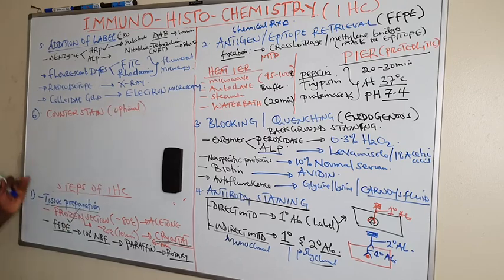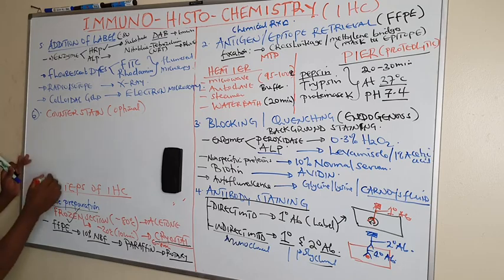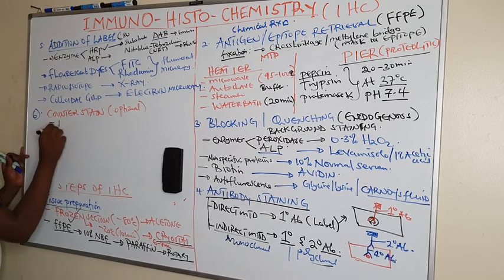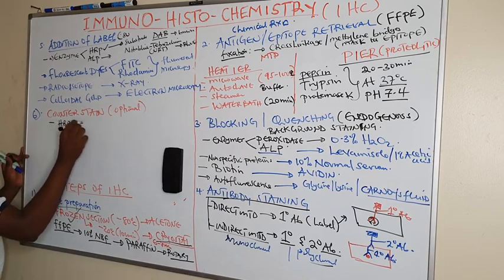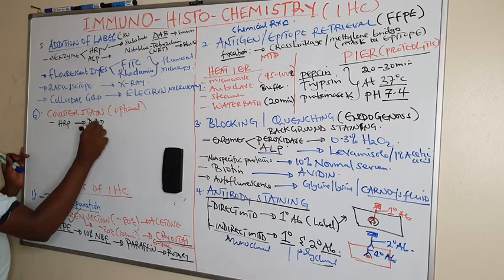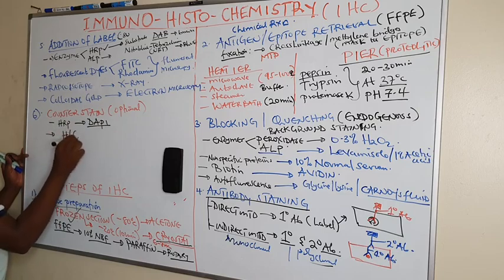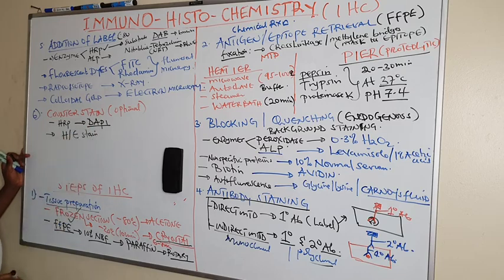If desired, you do counterstain. In case you have used HRP, you can counterstain using DAPI. Then another stain which is commonly used is H&E. H&E stain can be used as a counterstain.